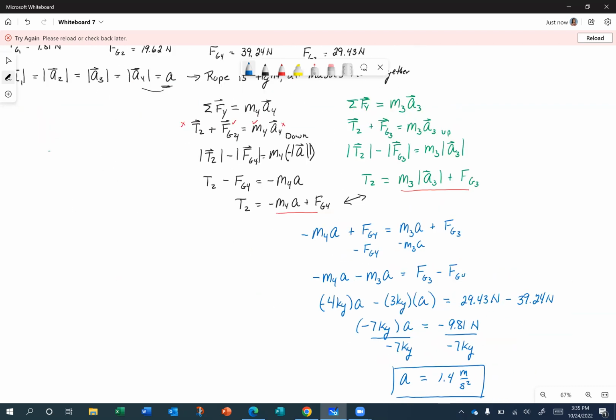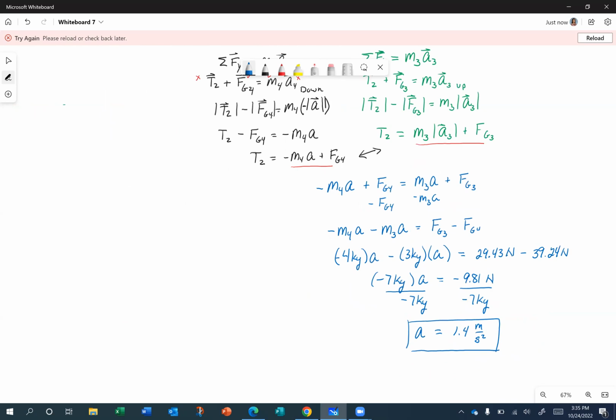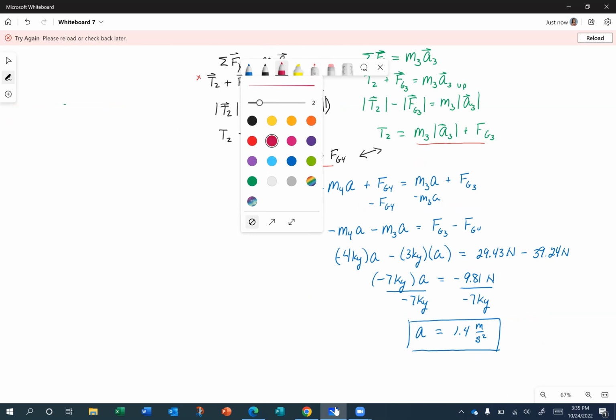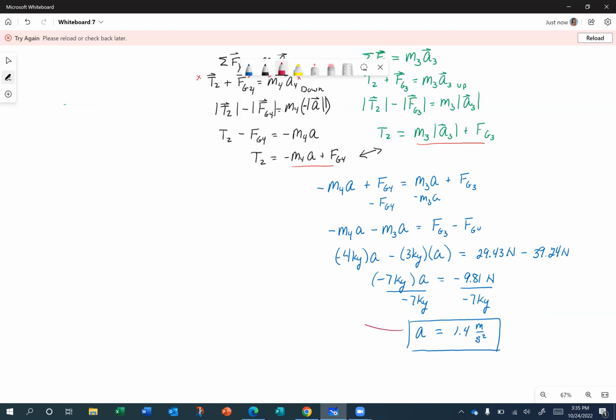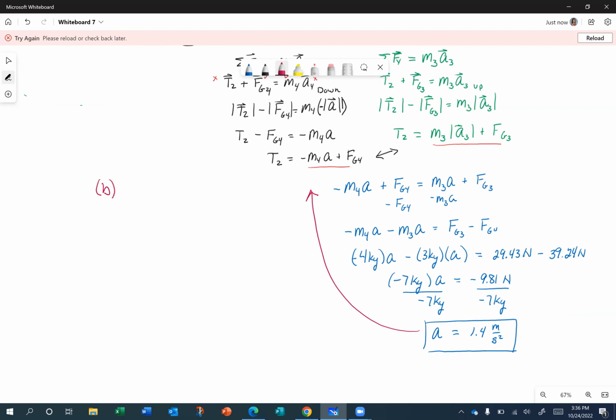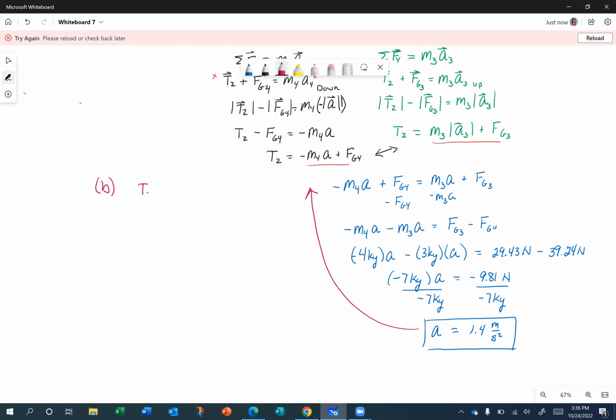So I'm just simply going to go back to this equation here and substitute in our acceleration. For part B, I just need to solve for T2, which is equal to negative 4 times a plus the force of gravity of 4.